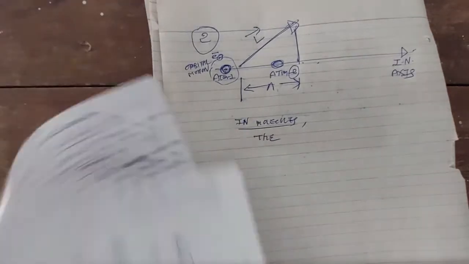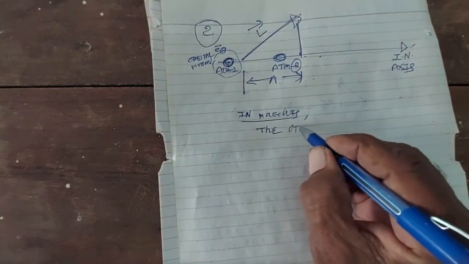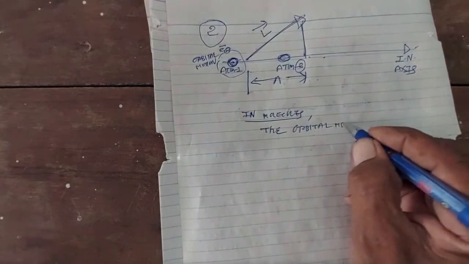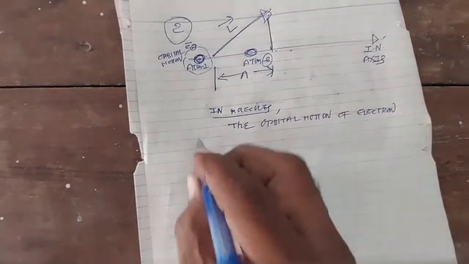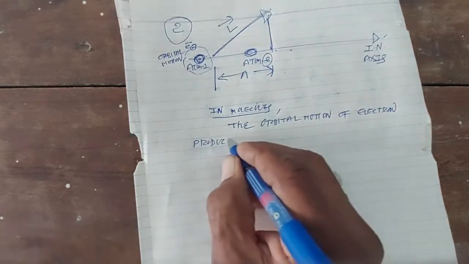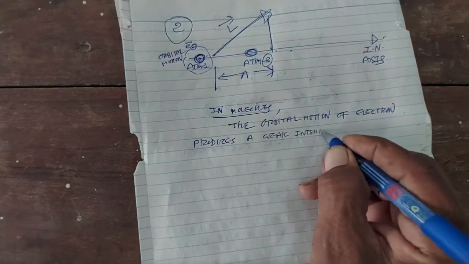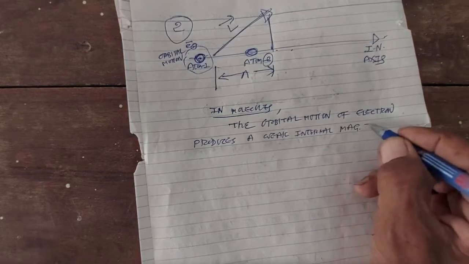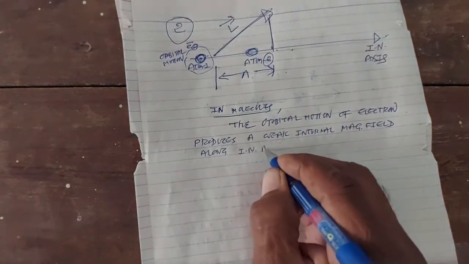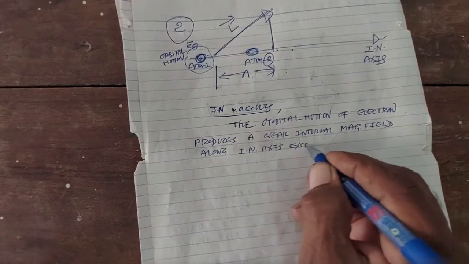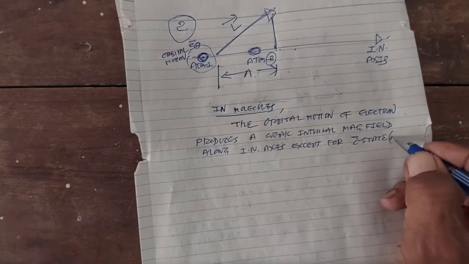In molecules, the orbital motion of electron produces a weak internal magnetic field along the internuclear axis, except for sigma state, right, for which lambda is equal to 0.